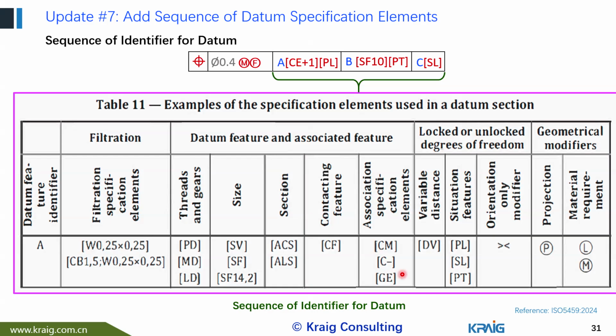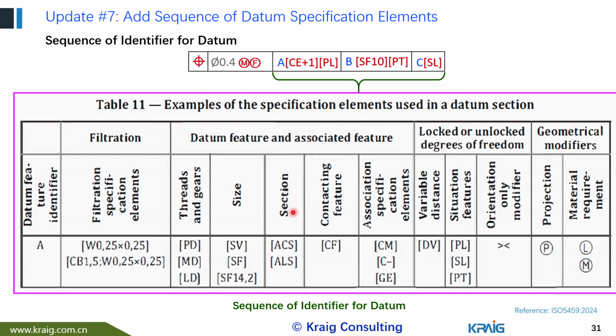Okay, let's have a look here. So this is the datum A, and then you can use the filter. You see here is the filter. And then if the datum feature is a threaded hole, it's a screw hole, then you can specify it's a pitch diameter or it's a major diameter and a minor diameter. Okay, and you can also specify the size. We have learned size variable, size fixed, right?